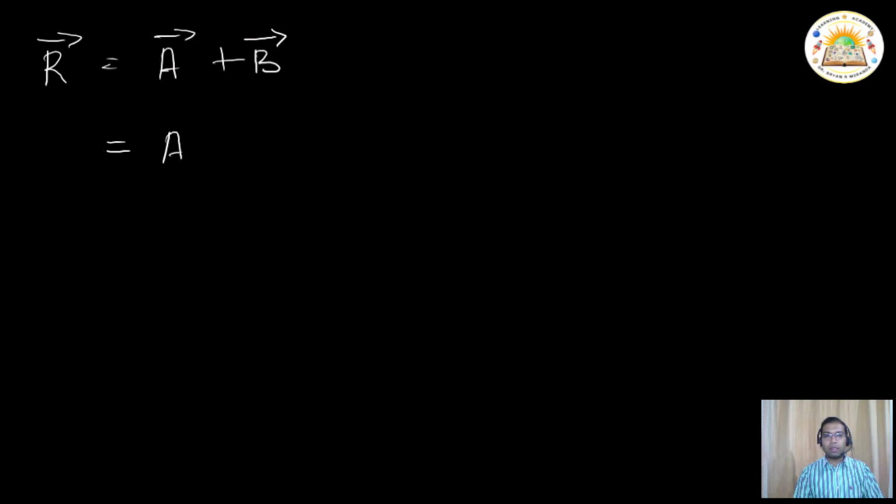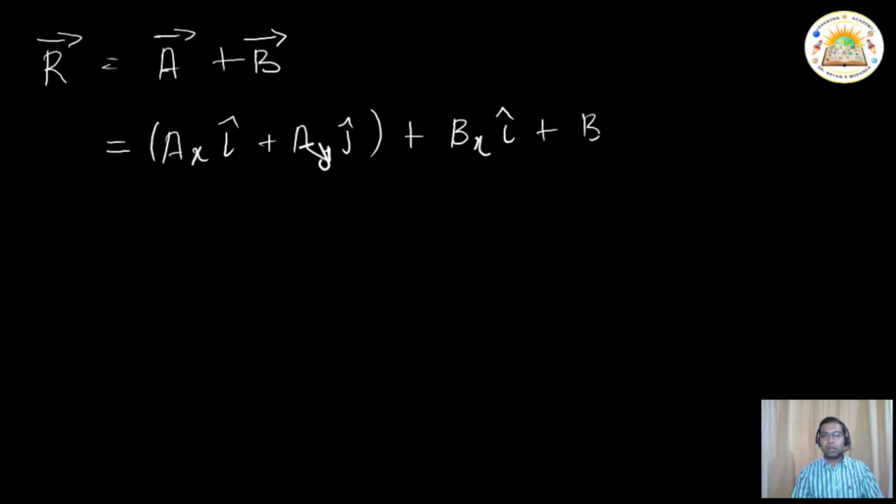I will get A_x i cap plus A_y j cap, put the brackets here, plus B_x i cap plus B_y j cap. Now i cap and j cap are not subscripts but rather normal alphabets. If I look at the magnitude of i cap and the magnitude of j cap, each is equal to 1.